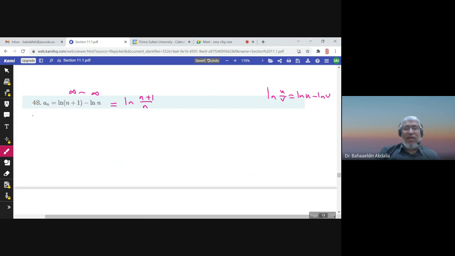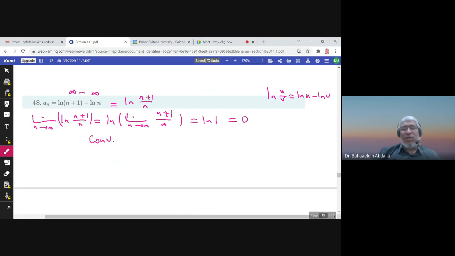And now we can find the limit of ln of (n plus 1) over n when n goes to infinity. Remember, what did we do? We let the limit of n plus 1 over n. But here we have n over n because of the highest power. So n over n is 1, limit 1 is 1, so we have ln 1, and ln 1 is 0.